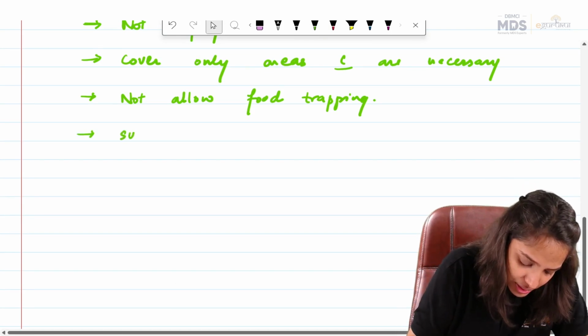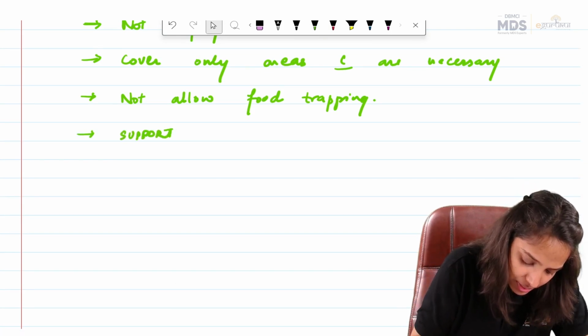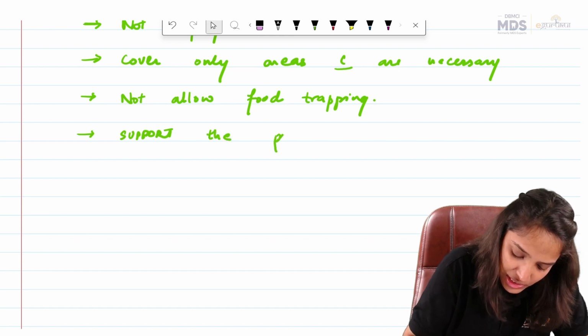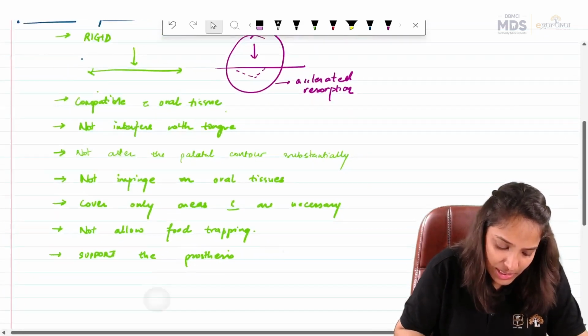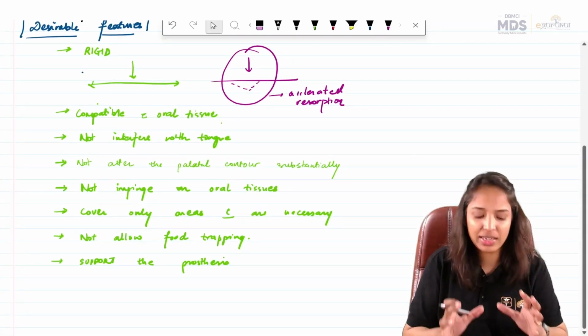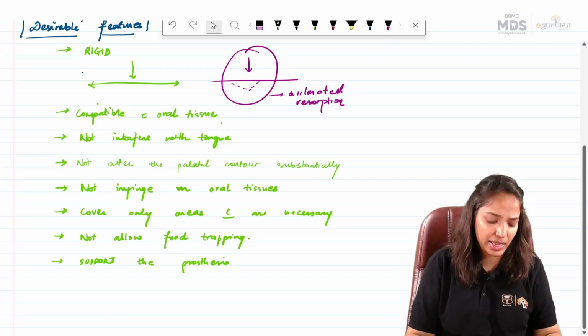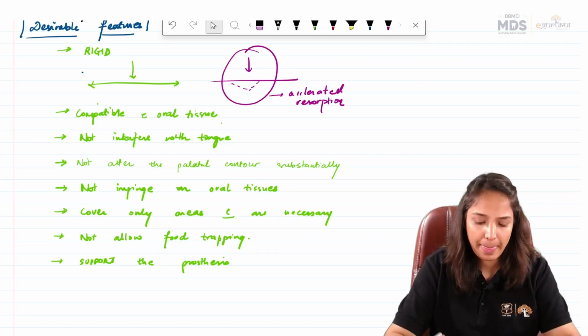Also, it should support the prosthesis. So the design should be such that it provides support to your prosthesis. All in all, these are my 8 desirable features for a major connector.